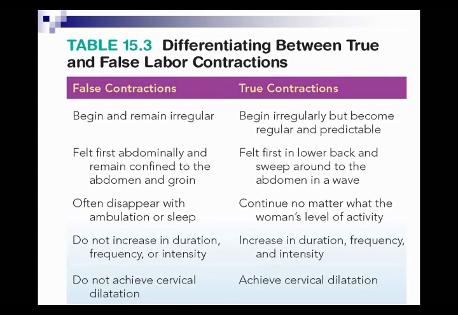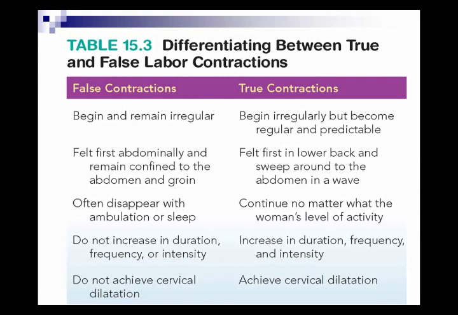Very important is understanding true versus false labor. One of the main things is contractions, because they come in thinking they're in labor, and we have to teach them to understand the difference, because sometimes they get very agitated when you say, well, we're discharging you because this is not true labor.